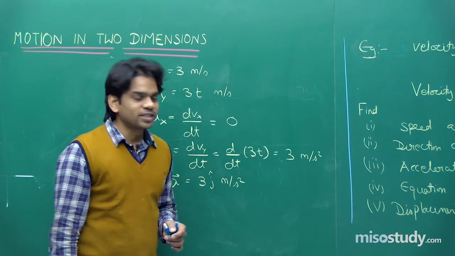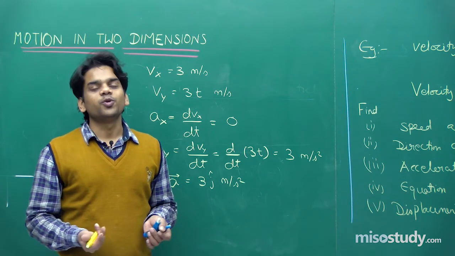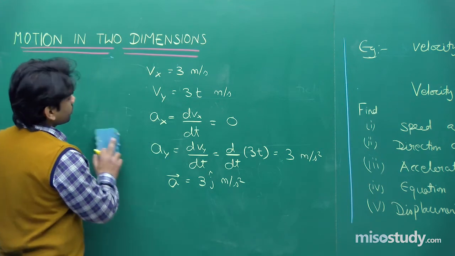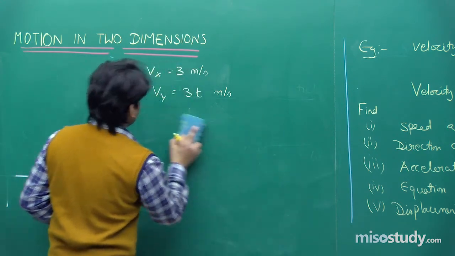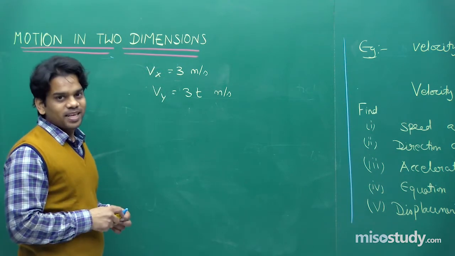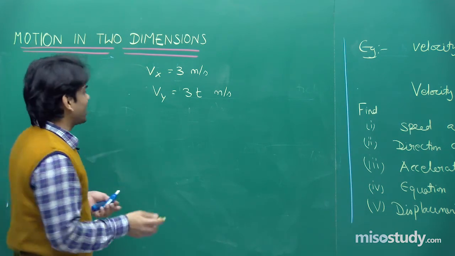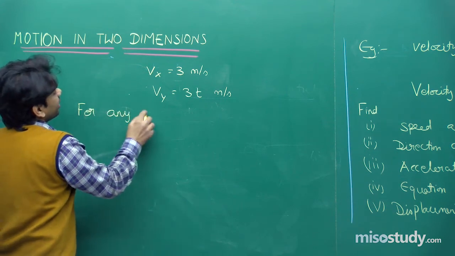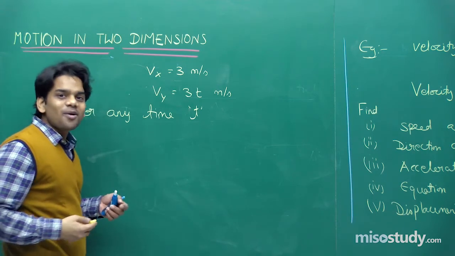Fourth one, equation of trajectory of the particle. Most students get confused here about how to find the equation of trajectory. It's not too tough to do. See, at any instant of time t, let us find out the distance traveled along the x direction.